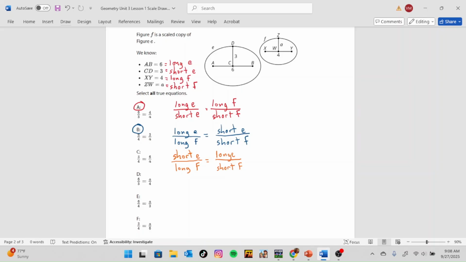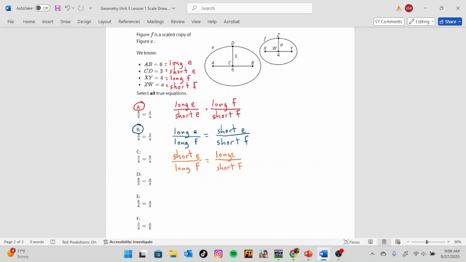We had both the longs on top and both of their corresponding shorts on the bottom. In B, we had the long of each compared to the short of each, and both from oval E were on top, and both from oval F were on bottom. So that's what made B a valid argument.